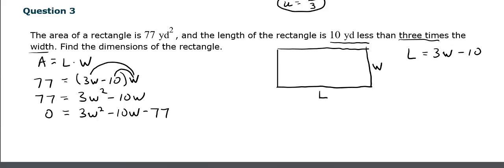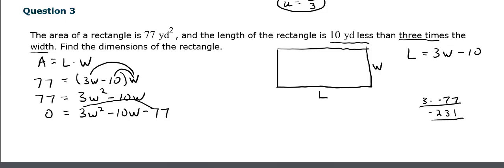So now we have 0 equals 3W squared minus 10W minus 77. Next, we need to factor. So we're going to use the AC method again. We're going to multiply the 3 times the negative 77, and that gives us negative 231.